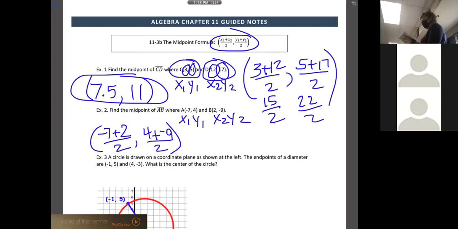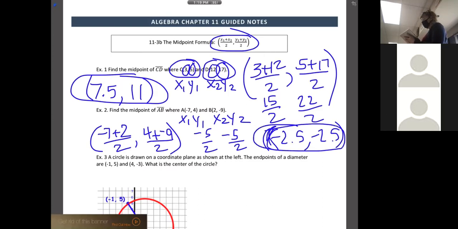And now we're just going to simplify it. -7 plus 2 is -5, divided by 2 is -2.5. And 4 plus -9 is -5, divided by 2. And our point is -2.5, -2.5.